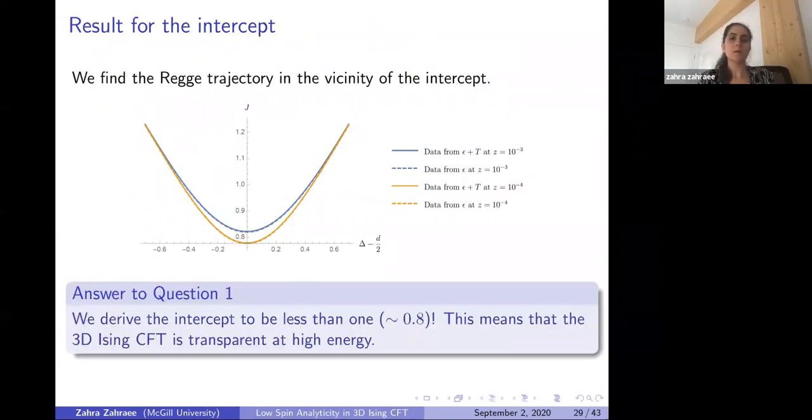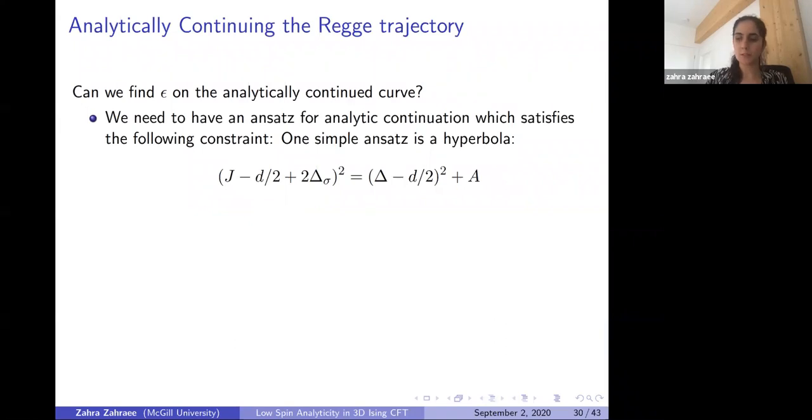Okay. So once we have the Regge trajectory near the intercept, we can go on to answer the second question, which is whether this trajectory can be analytically continued to include epsilon or not. We use a hyperbola as an ansatz for the trajectory.